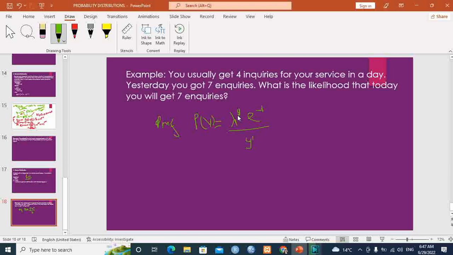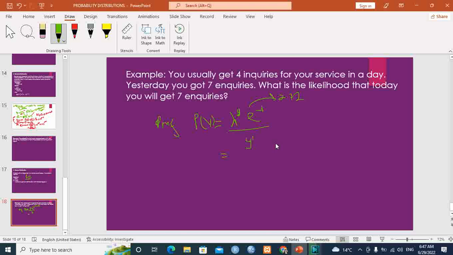This exponential is what we call Euler's number or Napier's constant, which is approximated as 2.72. You can now insert this in your formulas in Excel or in any software that you are comfortable with, and get the value.